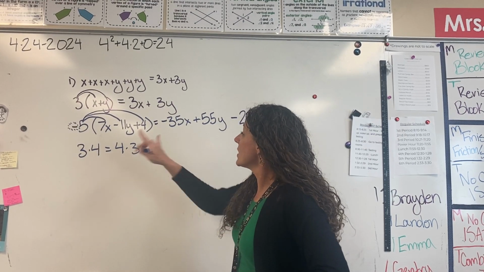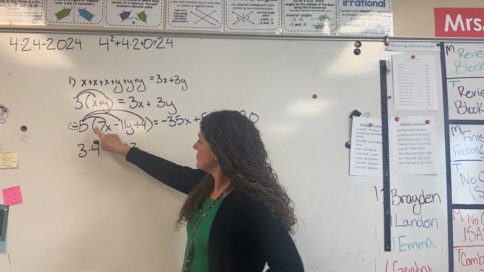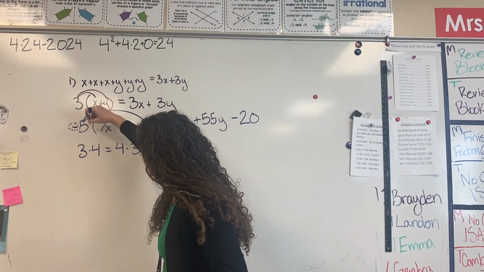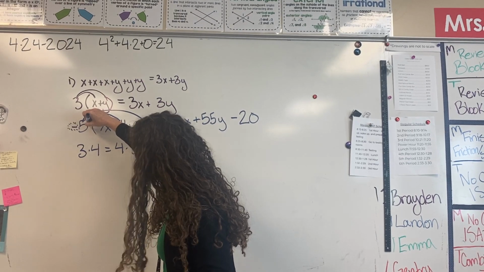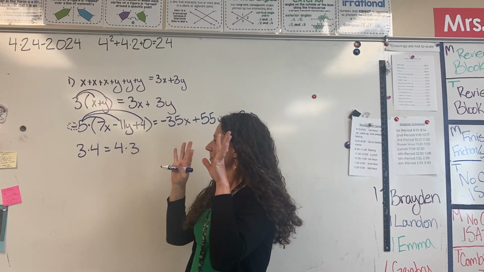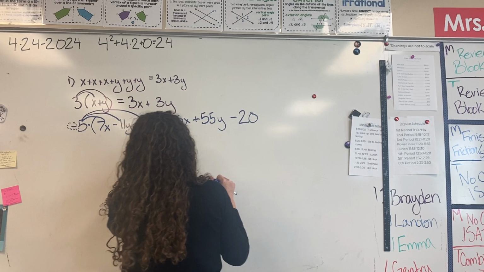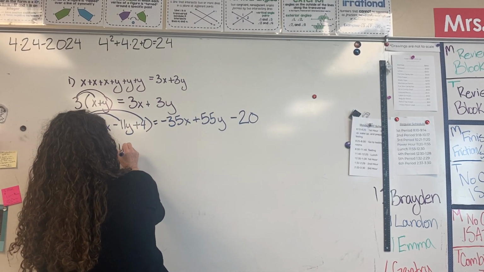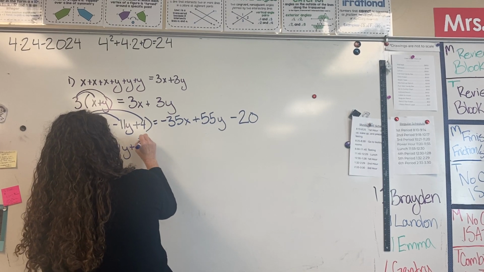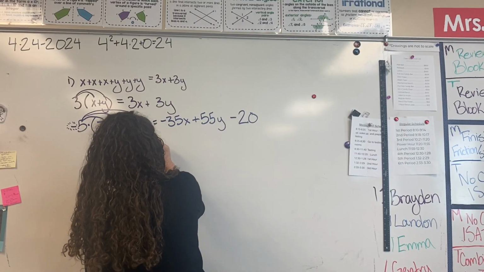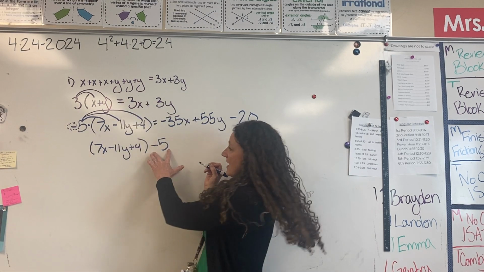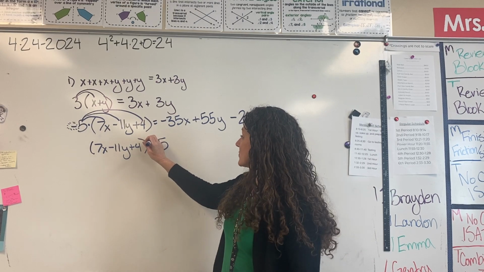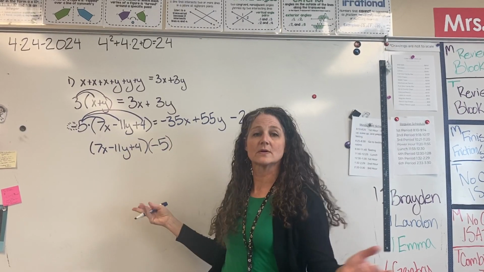Well, we would have to remember, when we have parentheses and we put the number right next to the parentheses, we don't have to put a multiplication sign there because we just know. But if we do it on the back side, if we have 7x minus 11y plus 4, and we multiply that times negative 5, if I just write negative 5 like that, that means I'm subtracting. But if I do parentheses, what am I doing now?